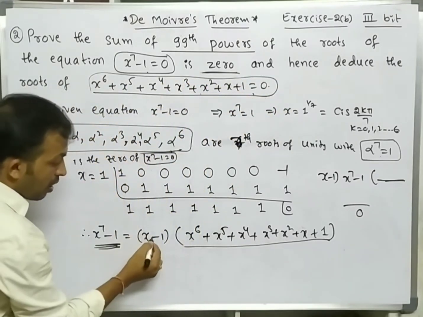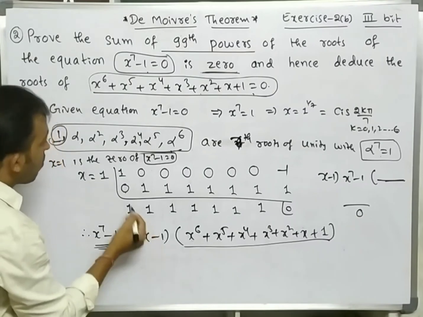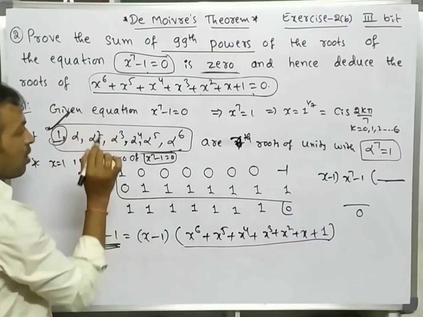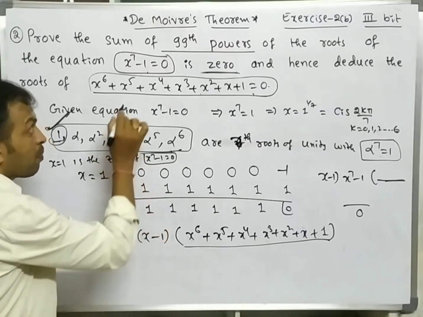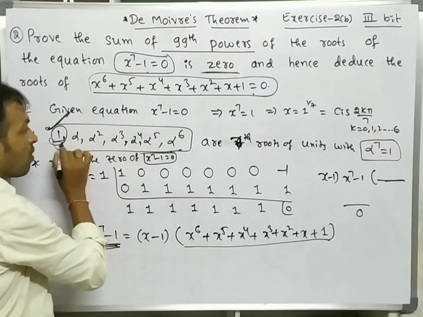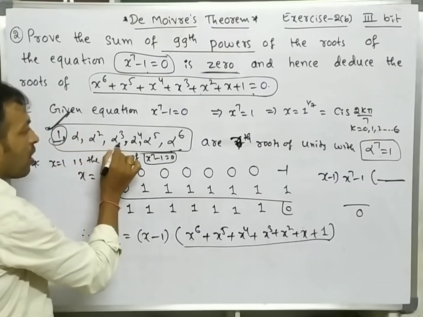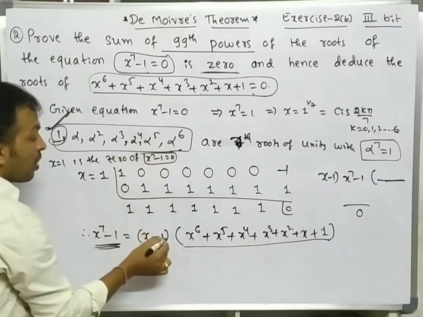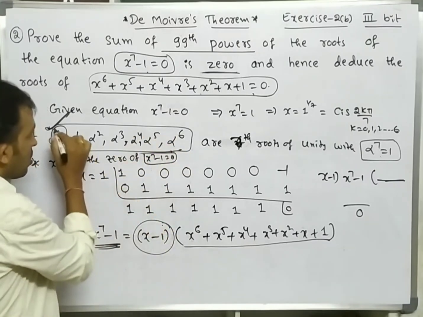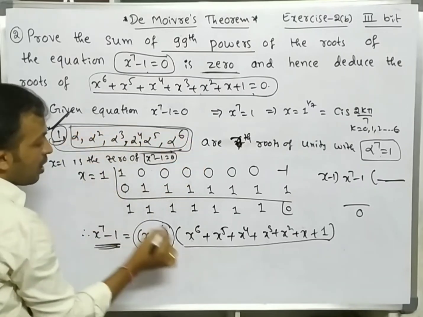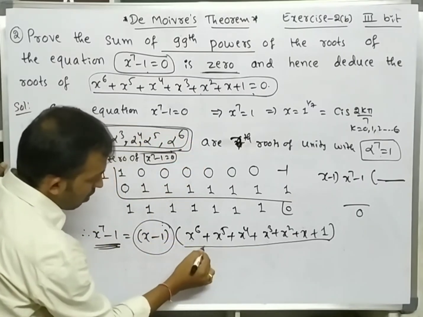For that, x minus 1 is equal to 0 means x is equal to 1 is one zero. Listen carefully. X power 7 minus 1 is equal to 0. The roots of this equation are 1, alpha, alpha square, alpha cube, alpha power 4, alpha power 5, alpha power 6. So already 1 is the root, right? So the remaining 6 roots are the roots of this one.